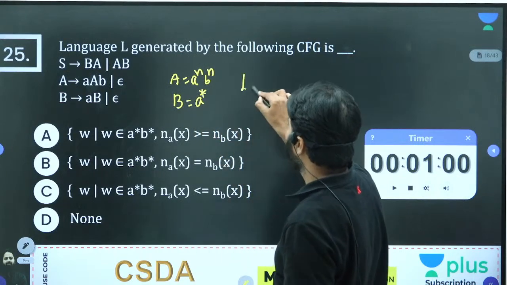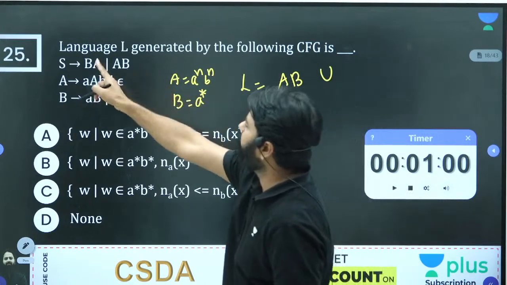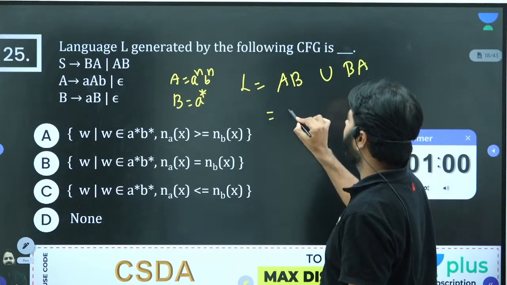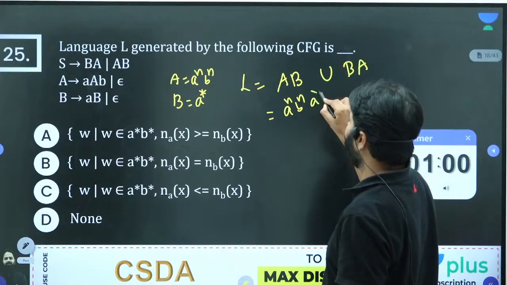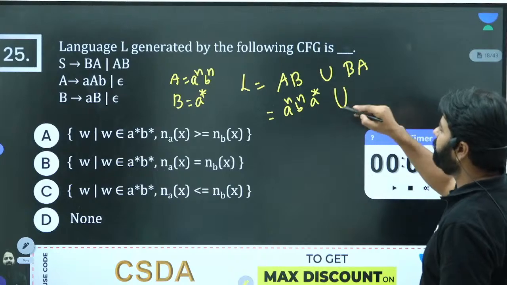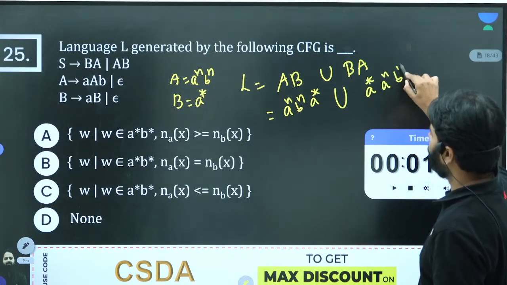Now the language is AB union BA, correct? AB union BA or BA union AB, both are correct. So what is A? A is A power n, B power n, and B is A star. Union, what is BA? BA is A star, A power n, B power n.